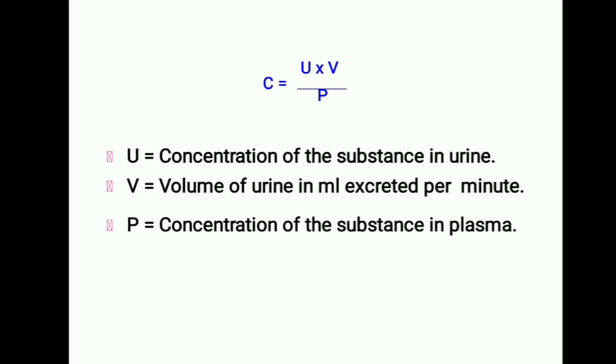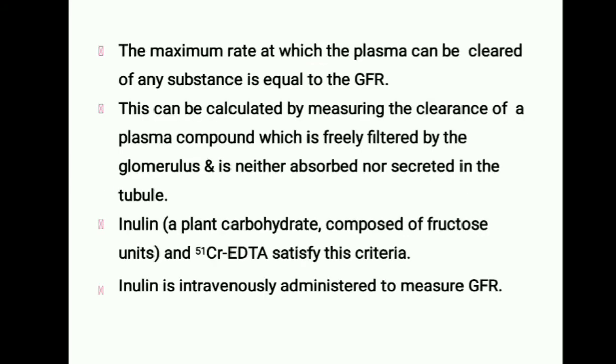We can calculate it by using this formula. C is equal to U into V upon P, where U is the concentration of the substance in urine, V is the volume of the urine in ml excreted per minute, and P is the concentration of the substance in plasma. The maximum rate at which the plasma can be cleared of any substance is equal to the GFR.